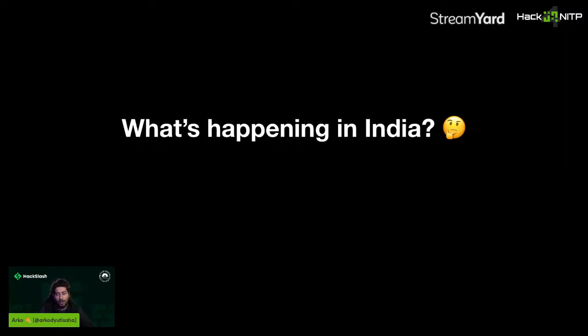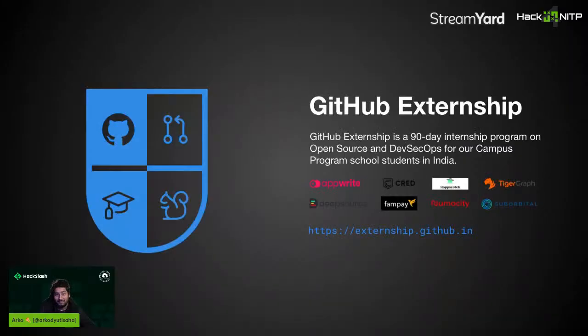So moving on, that's what's happening in a nutshell overall, and what is there across for everybody part of education on GitHub. But what's happening in India? You must be wondering.